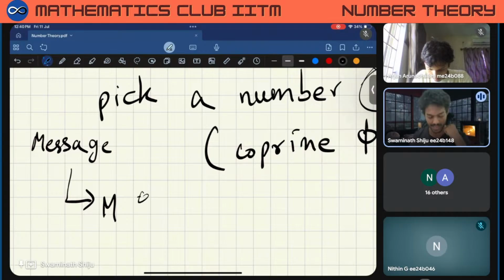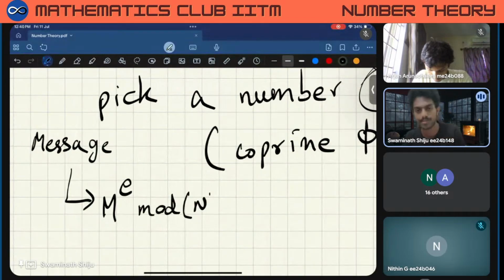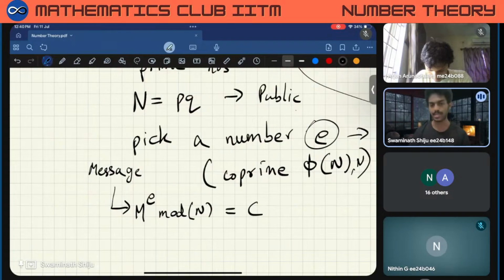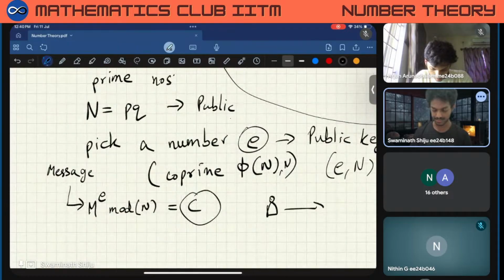What Bob will do is calculate m power e in modulo n, and that is equal to some c. What Bob does is exponentiation in modulo. Easy enough. This c is the encrypted message. So Bob sends c to Alice.